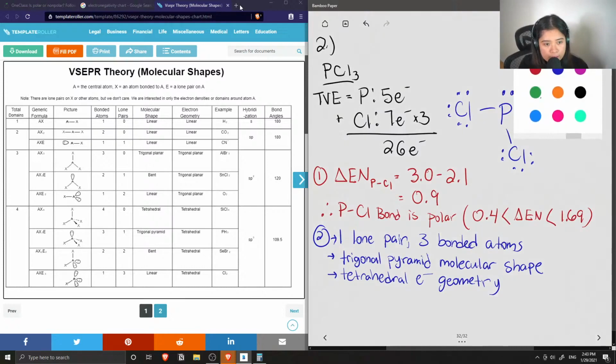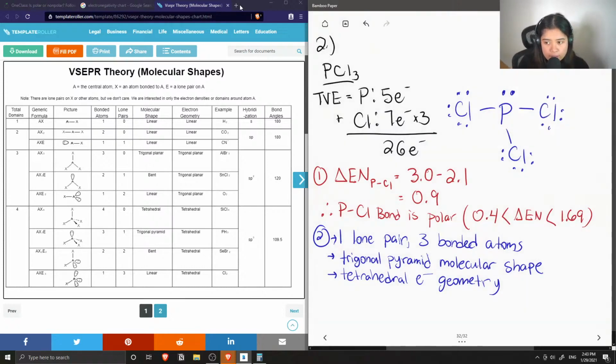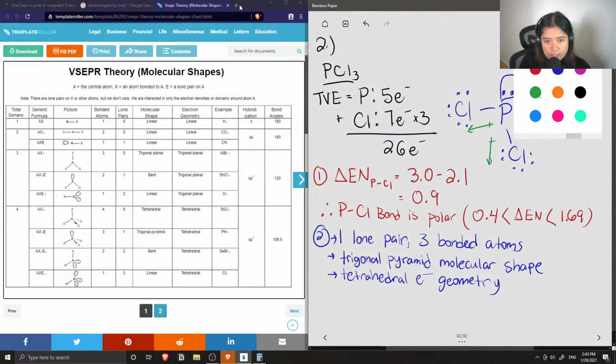So now I know the electronegativity difference between phosphorus and chlorine, and I also know the molecular shape. So if I were to draw dipole moments going towards the chlorine atoms like this, notice that they don't cancel each other out because of the lone pair on the phosphorus. So we have a net dipole moment, kind of like this.